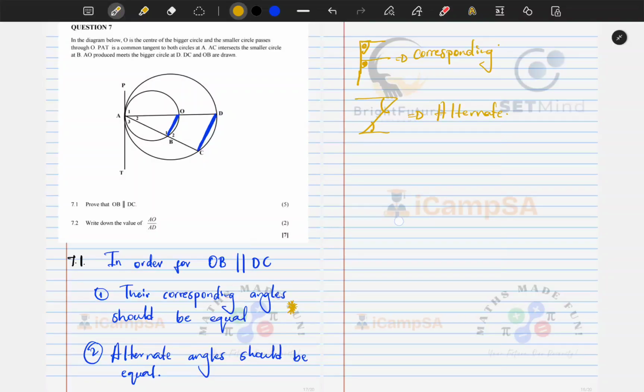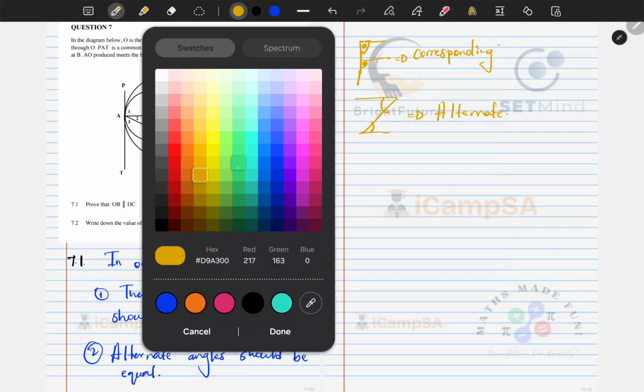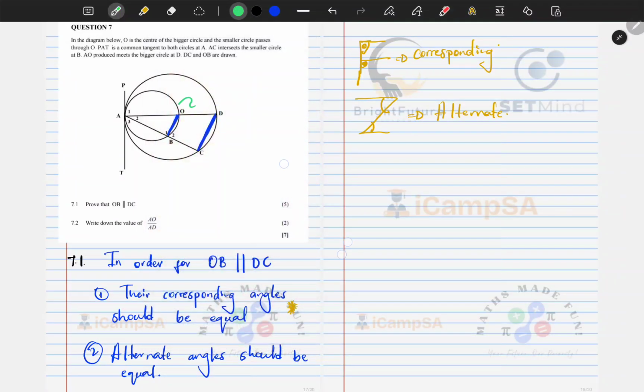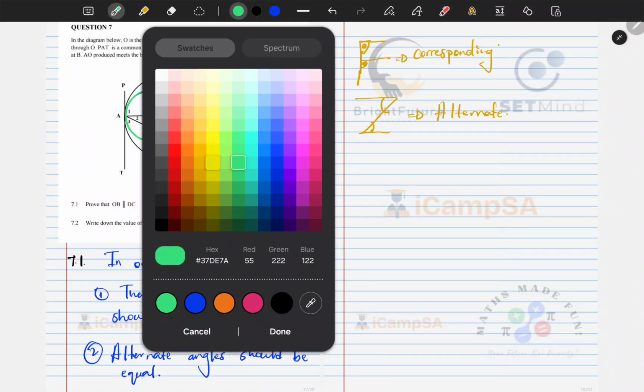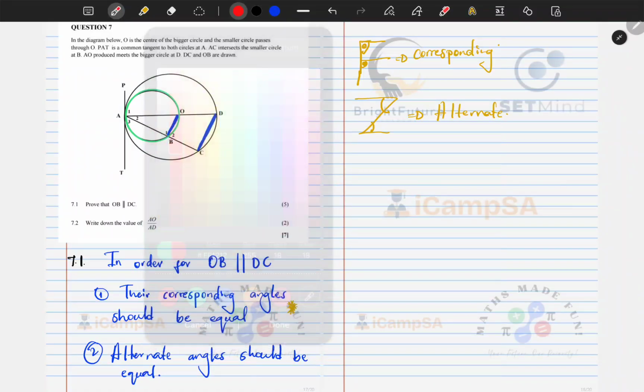So what I'm going to do is look at the smaller circle. This will be the smaller circle that I'm talking about, and then this will be my bigger circle.